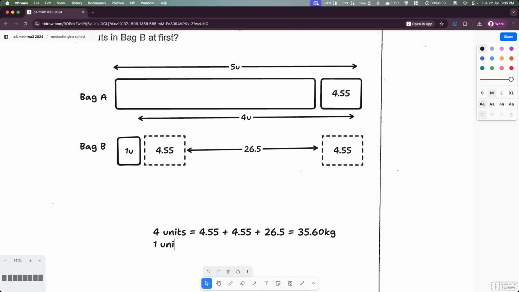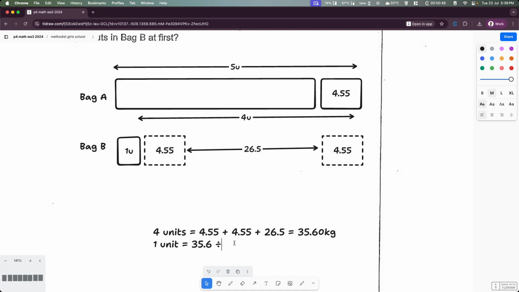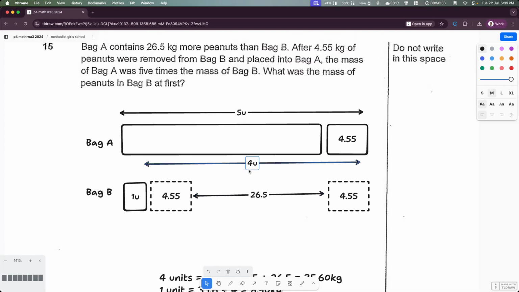Now 1 unit is equal to 35.6 divided by 4, and this will give us 8.9 kg.